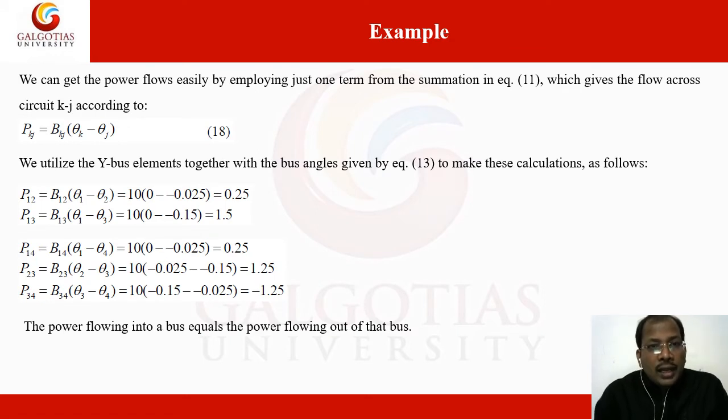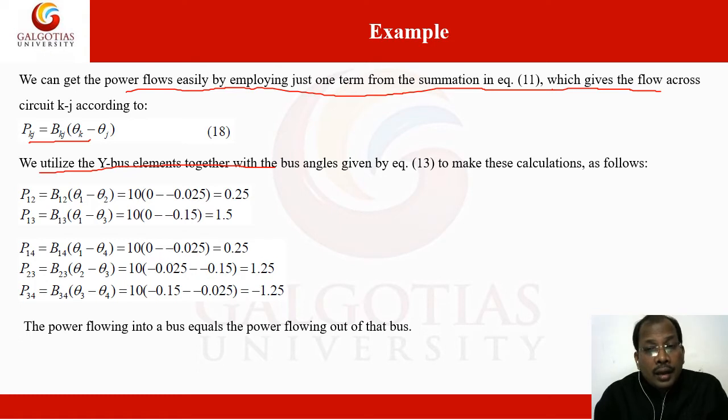We can get the power flow easily by eliminating just one term from the summation in equation 11, which was already covered in the previous lectures, giving the power flow equation P kj equals B kj times theta k minus theta j. When we put in these values, we can calculate the power flow between two buses, or in a particular line.